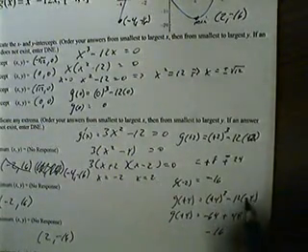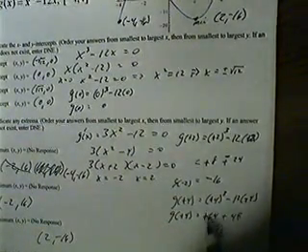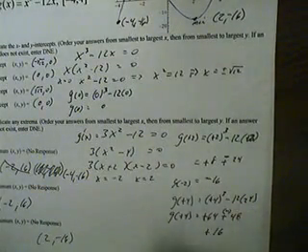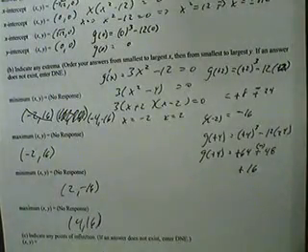I'll end up with a +64 and a -48, which will give me +16. So my maximum here will be (4, 16).